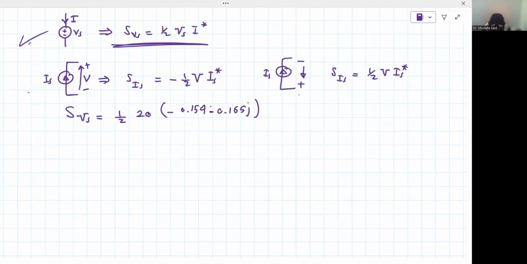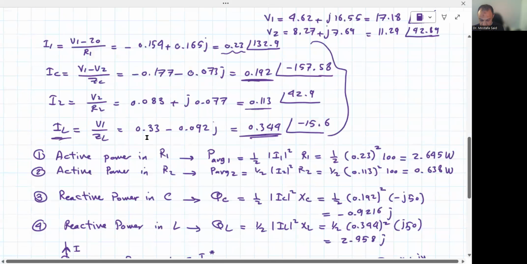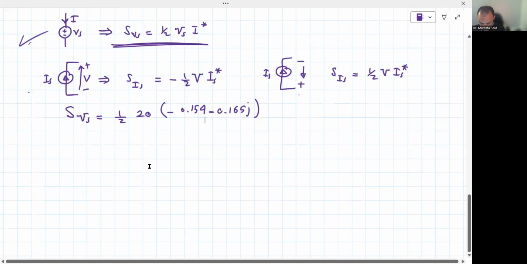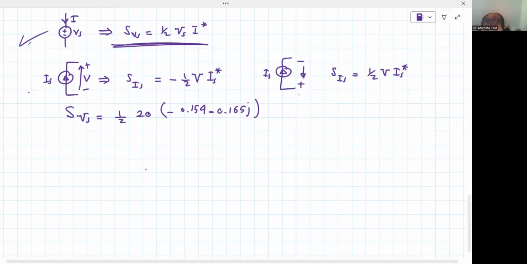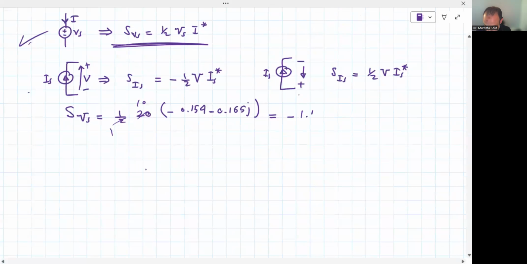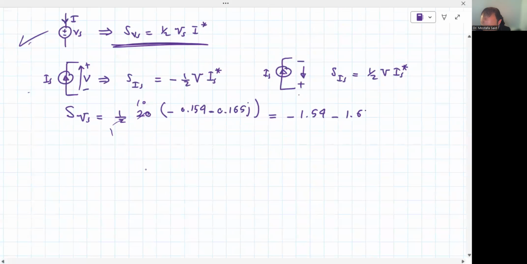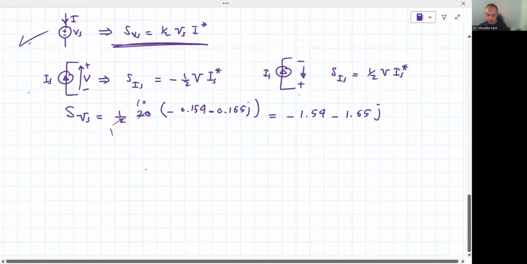So we're going to put minus here. Let's review, by one, yes. This is simple to do. So 20 over 2 will be 10, and this will be equal to minus 15.54 minus 1.65j. That's S_VS, very simple.